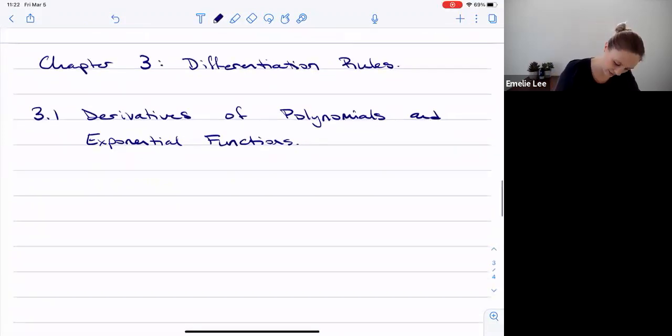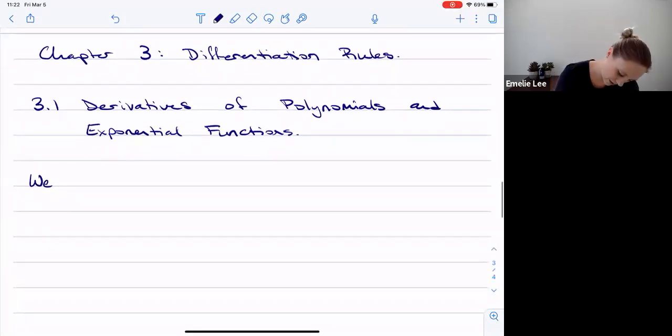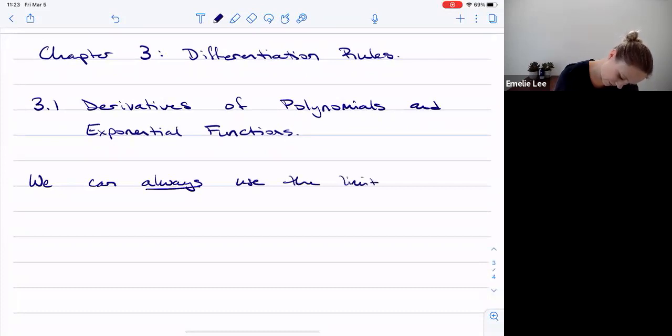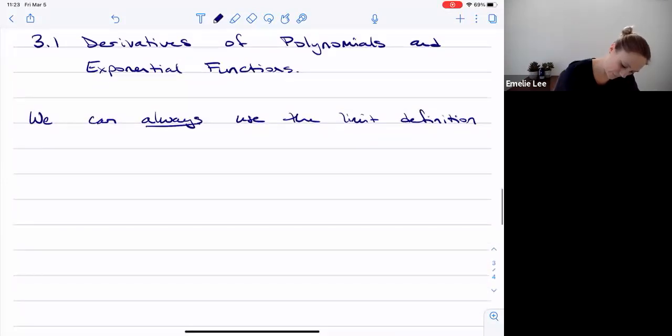So I do want to say that we can always use the limit definition of the derivative to find the derivative, but often it's a little bit tricky.